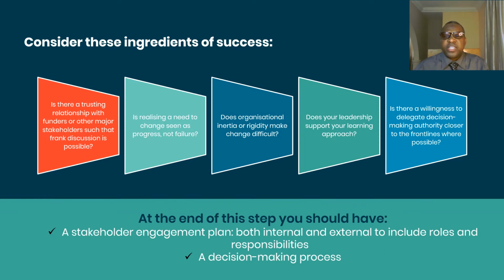You also need to ask if there's willingness to delegate decision-making authority closer to the front lines where possible. And that could be bringing, for instance, some of the decisions from the State Primary Healthcare Development Agency or board to the local government council. At the end of this step, you should have a stakeholder engagement plan with both internal and external stakeholders' roles and responsibilities clearly defined. You will also have a decision-making process.